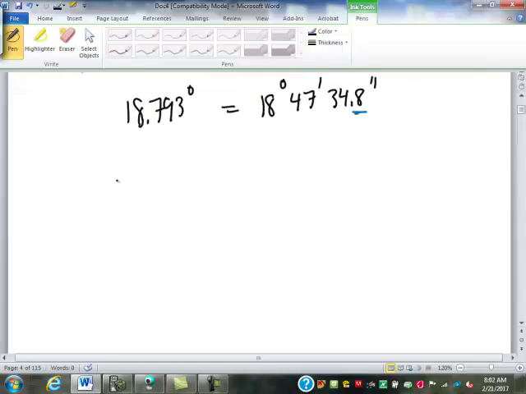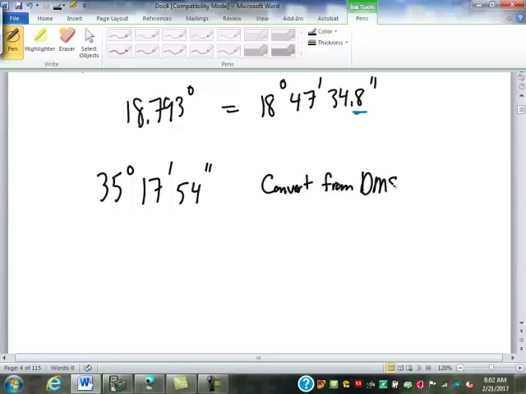So now going the other way, if we have degrees, minutes, seconds. Let's say we have 35 degrees, 17 minutes, 54 seconds. And I want to convert it from degrees, minutes, seconds into decimal degrees.